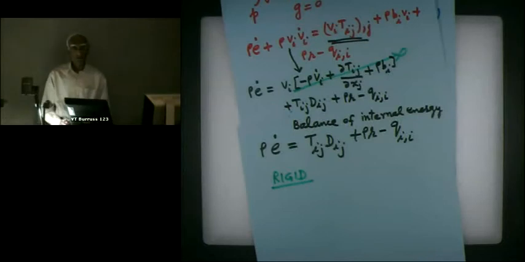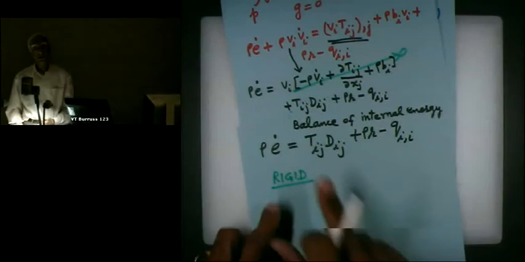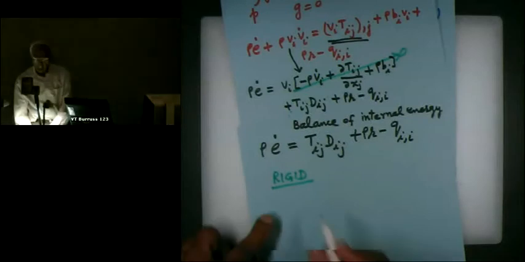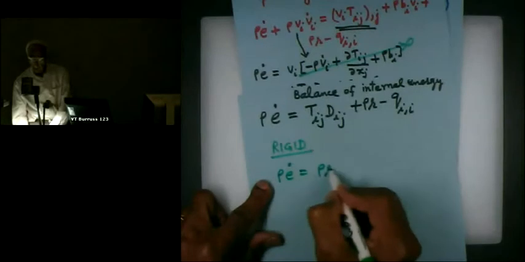No. So the strain rate tensor for a rigid body is 0. Therefore, even though there are stresses in the rigid body, there is no strain rate, there is no strain. So the working of internal stresses is 0. So we get rho E dot equal to rho R minus q_i,i.